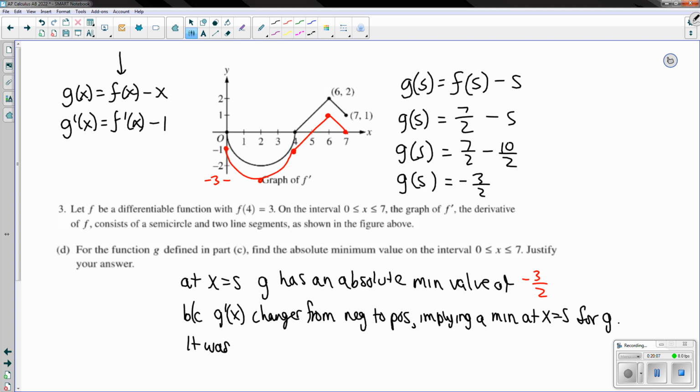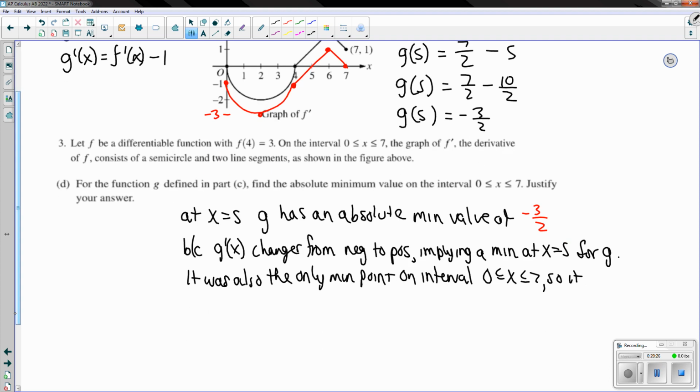It was also the only minimum point on the interval 0 is less than or equal to x is less than or equal to 7. So it must also double as an absolute minimum on that interval.